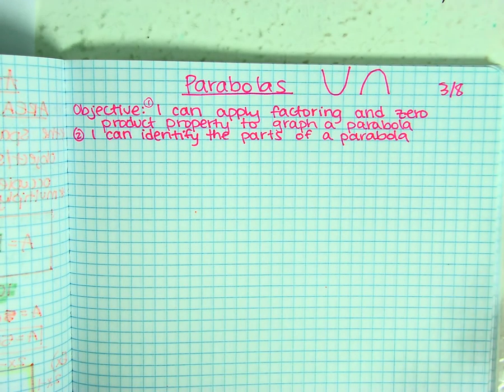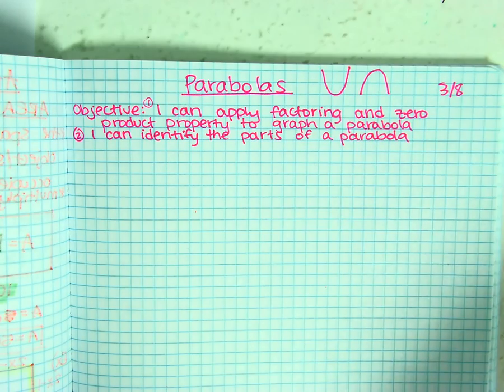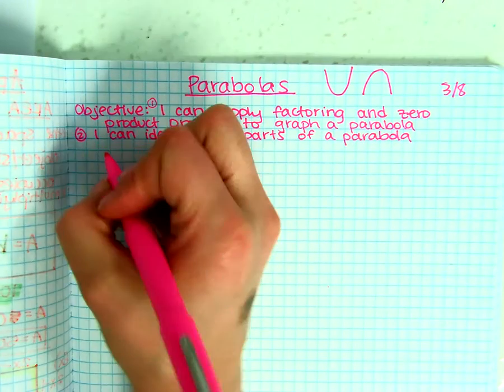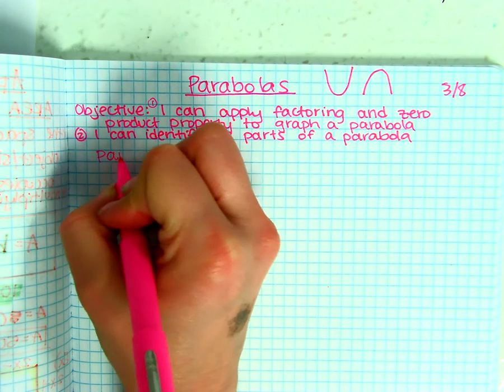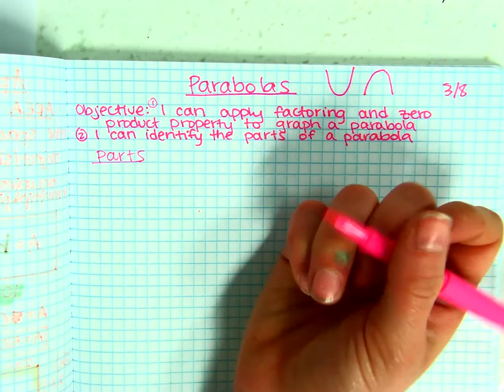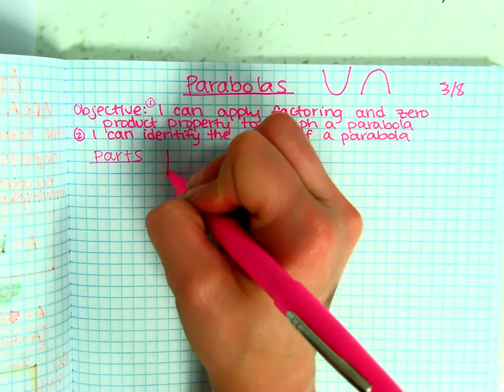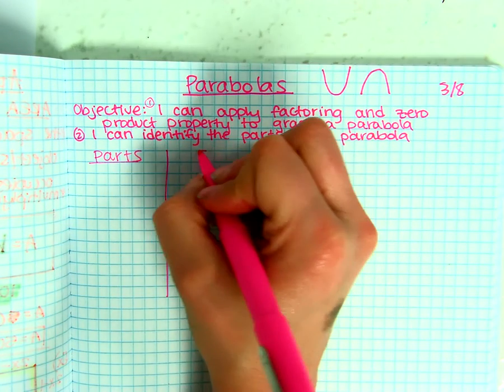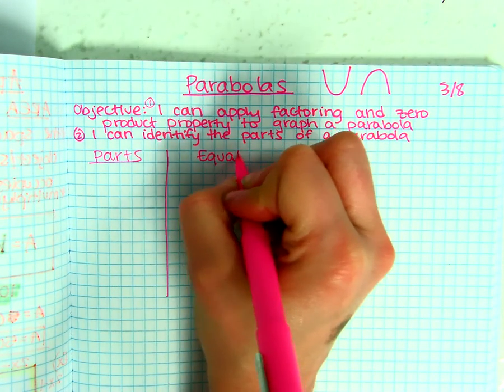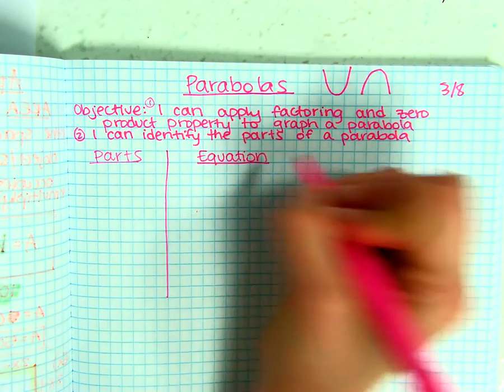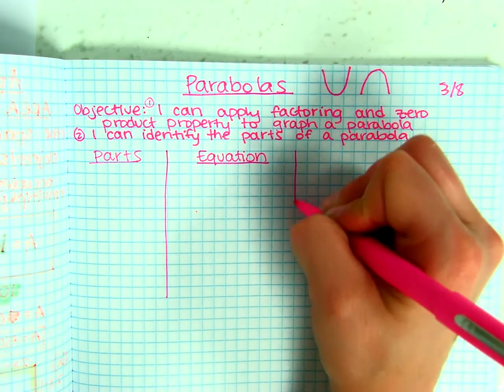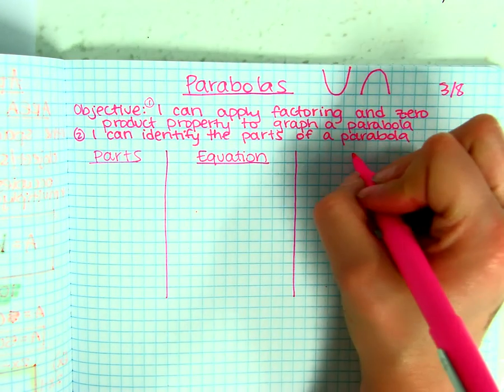You can do it when you have a graph or when you have an equation. You can go both ways, all right? So, I'm going to list the parts over here. We're going to do the equation side first, so from the equation. And then over here, we're going to graph it, okay? So, graph.